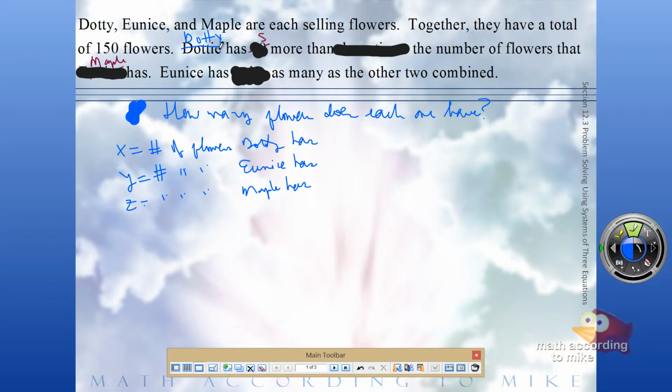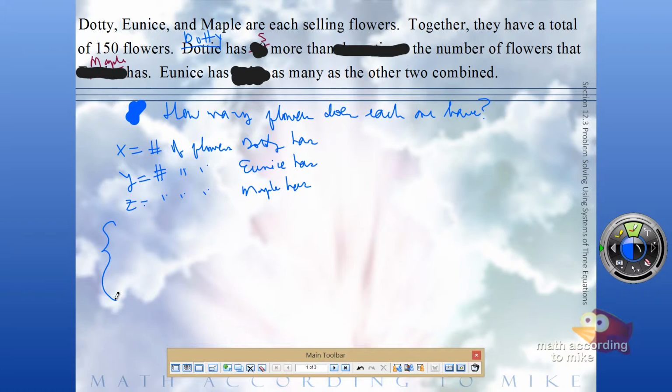So if X were Dottie and Y were Eunice and Z were Maple, then X plus Y plus Z would be an animal that's half rabbit, half lamb, and half bear. That'd be terrible. We don't want that. You're not combining the animals, you're combining the number of flowers they each have. So please, math responsibly.